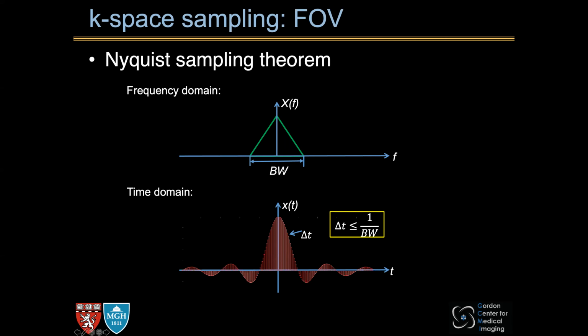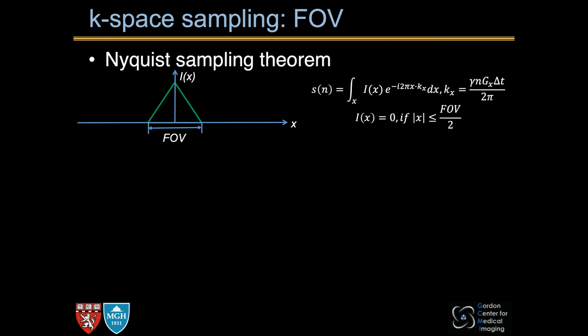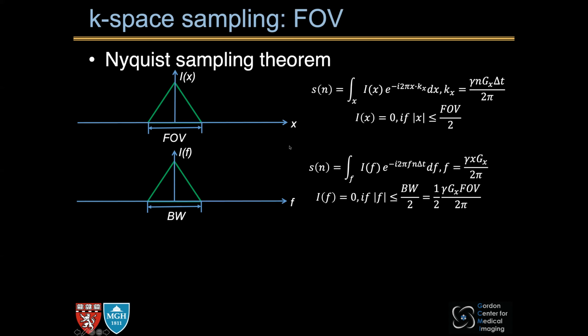In MR, it is exactly the same thing. Let's say we have an imaging object in the 1D case with limited spatial support, here we call the field of view. And this is the signal intensity equation. Then for the frequency encoding, we apply a constant linear gradient so that we map this image object, as a function of spatial location, into a frequency distribution, as a function of frequency.